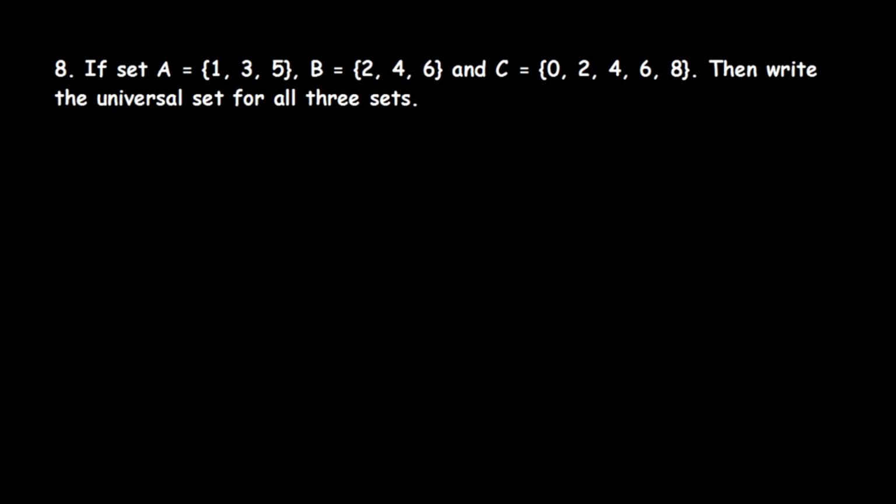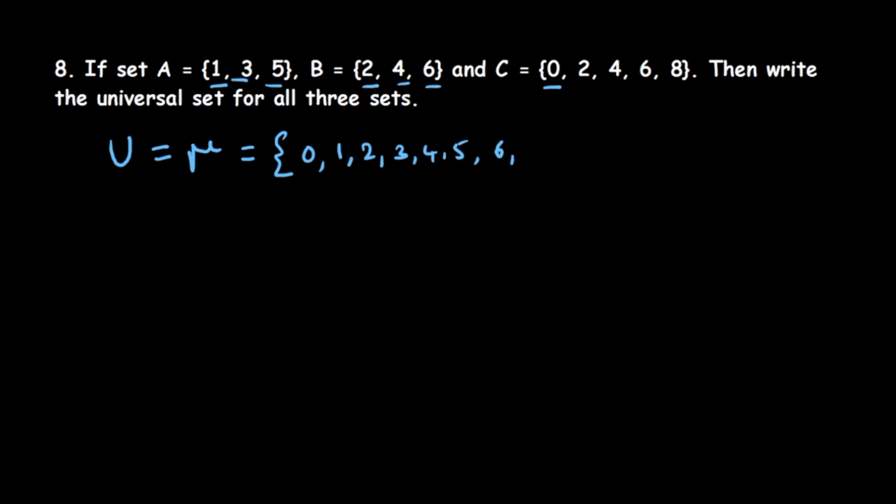For example, here I am taking, either you can use this symbol or this symbol for universal set. Now what am I going to take? 0 is there here, so that 0 I can consider. Next 1, 2, 3, 4, 5, 6, you can observe 1 here, 2 here, 3, 4, 5, 6. So I can take 0, 1, 2, 3, 4, 5, 6.